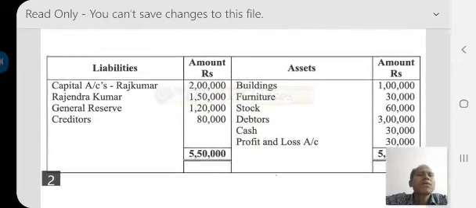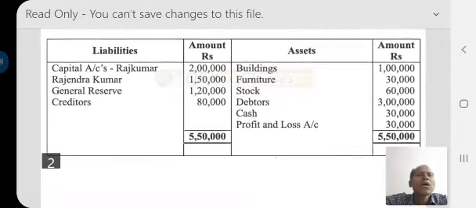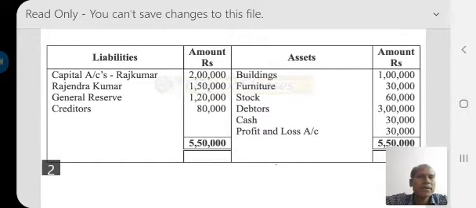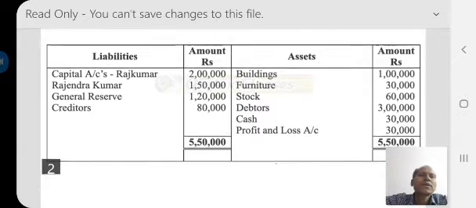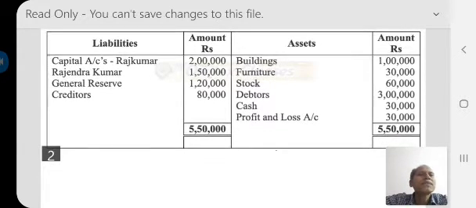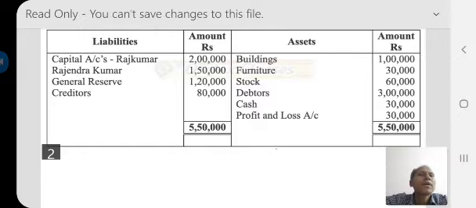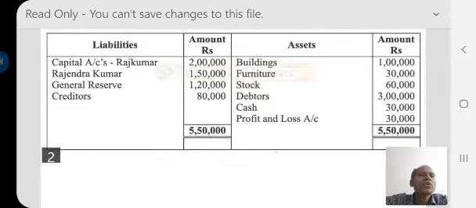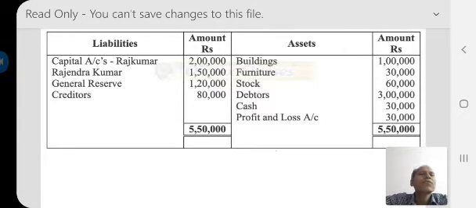So we have seen capital accounts of Raj Kumar and Rajendra Kumar, and also there is general reserve and creditors. And in assets, buildings, furniture, stock, debtors, cash, profit and loss account. Here we should be very careful about the profit and loss account.